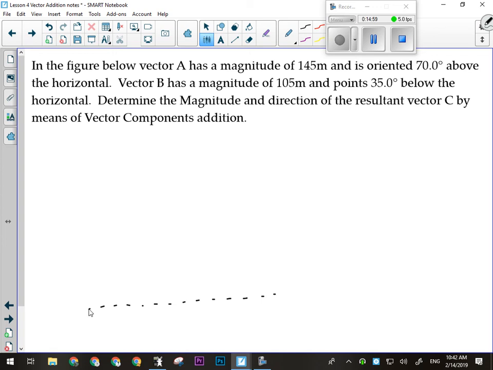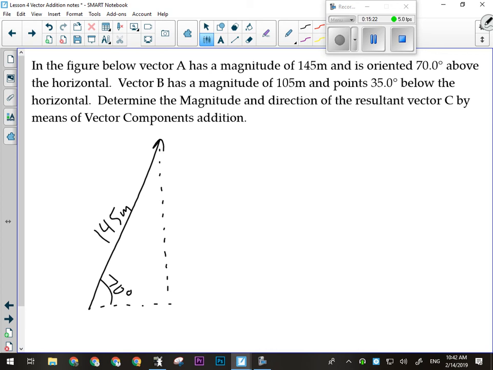I drew that way too long, but okay. So 70 degrees would be something like this. So there's my 70 degrees, and it's 145 meters long. All right, there's my first vector.